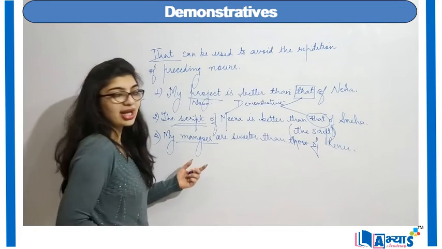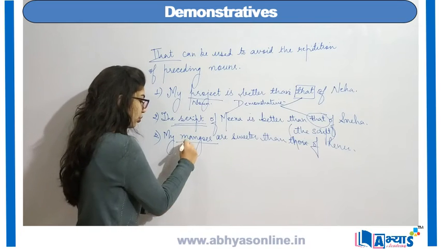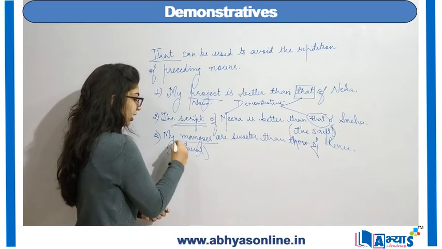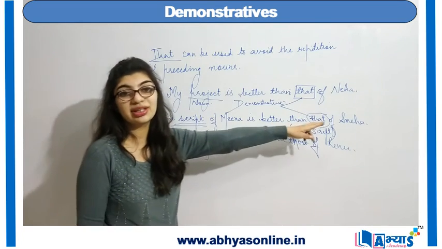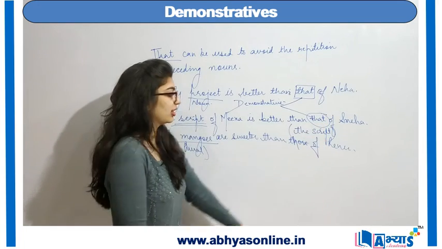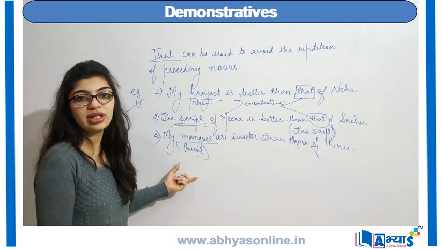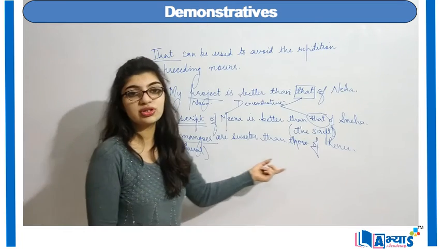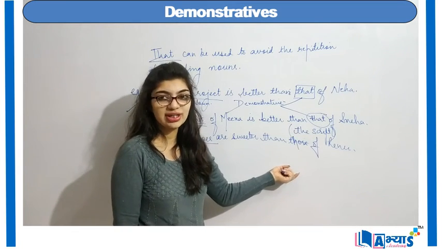Now because I'm using plural form over here, therefore I will not be using that. That changes to those. Therefore, according to the noun, we will be making use of our demonstratives.